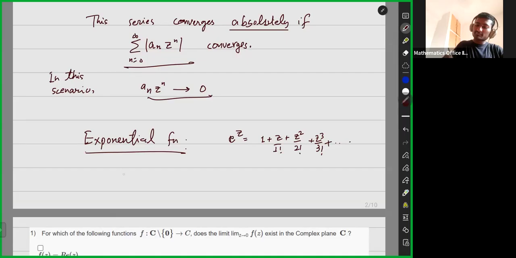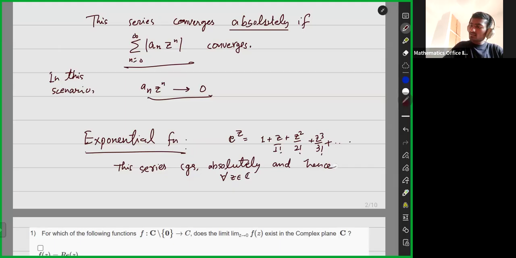So this series converges absolutely for every z, and hence gives us a function e power z from C to C. And more things have been checked.